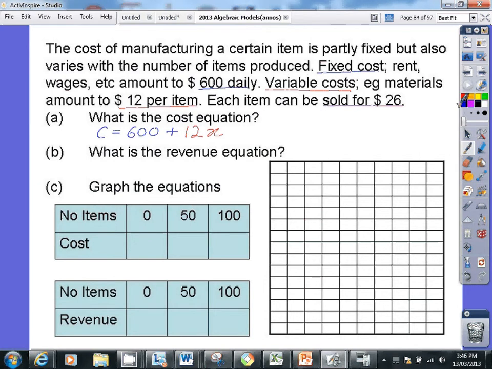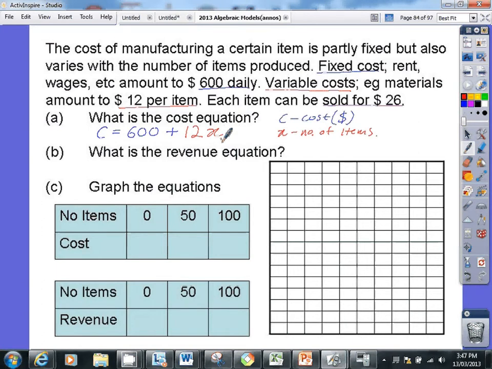C is the cost in dollars, and x is the number of items. So the cost equation is C = 600 + 12x, where x is the number of items being produced.